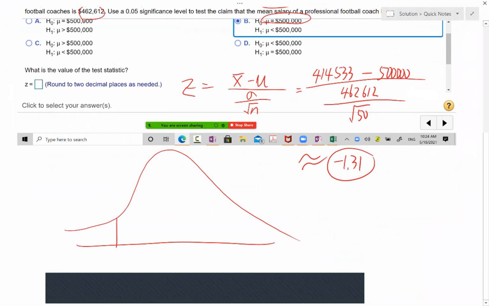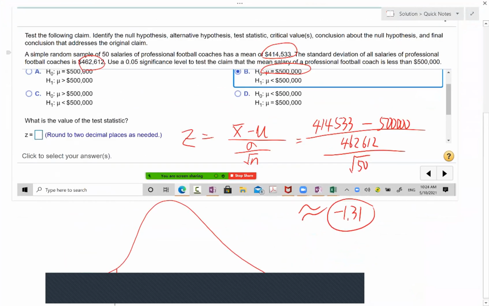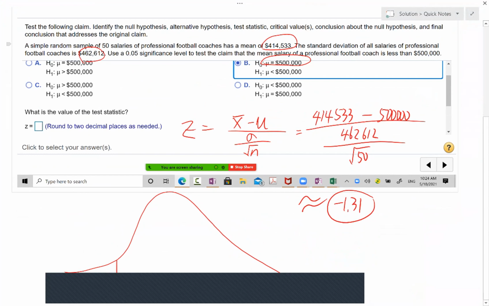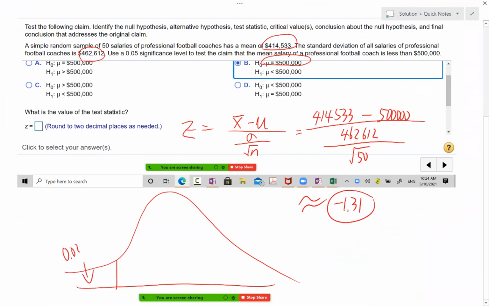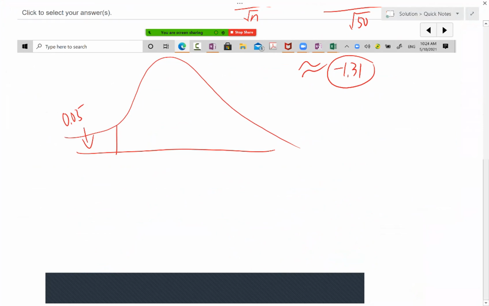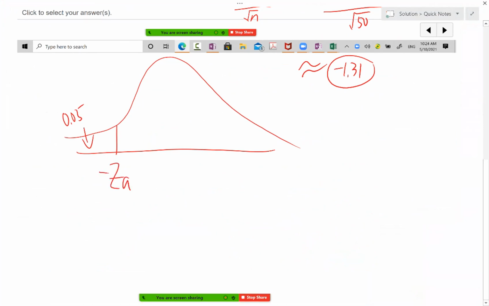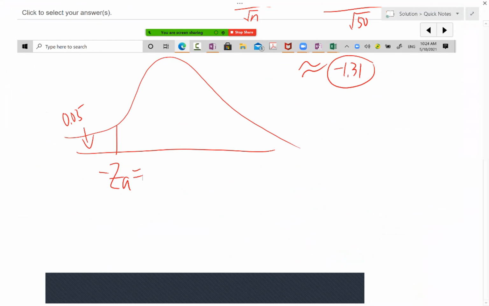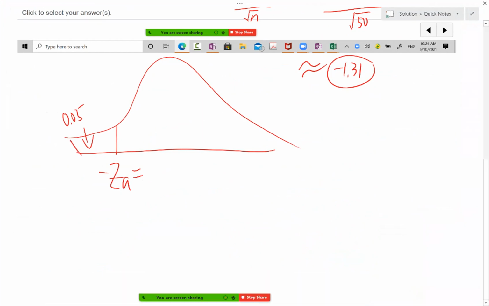On the left tail, the total area alpha is 0.05. So it's right here, this is 0.05, and that will give us the critical z-score. This is what we call the rejection region. Using the rejection region method, the left tail is the rejection region, and everything to the right is the non-rejection region.